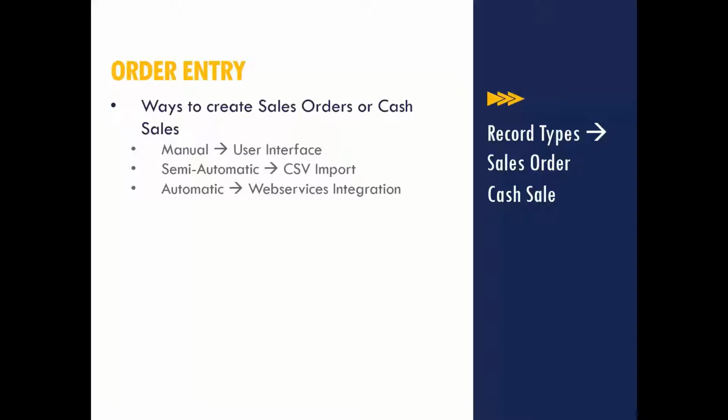The third option is a fully automatic process, and that would be through a web services integration. What this is, there's typically a third-party middleware as part of this process that would grab information from an external system and then import that information into NetSuite. And in these examples, you can have the process happen maybe once every 15 minutes or once an hour, and it's all fully automated.